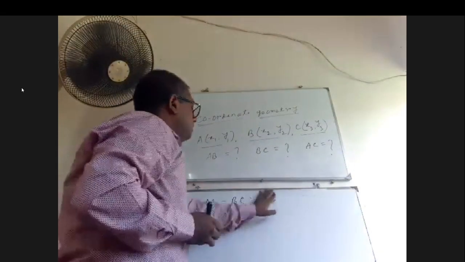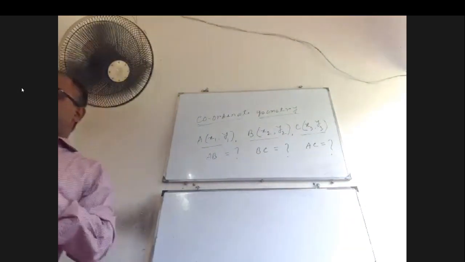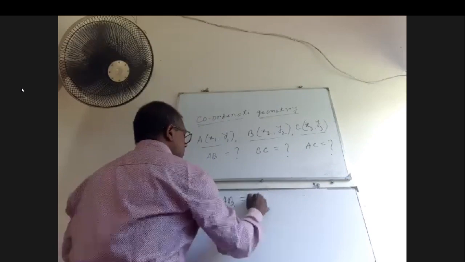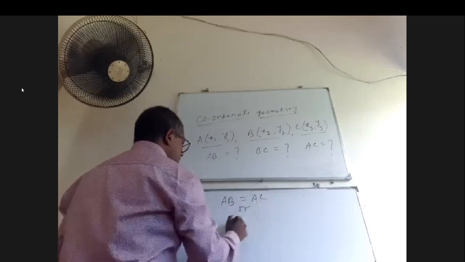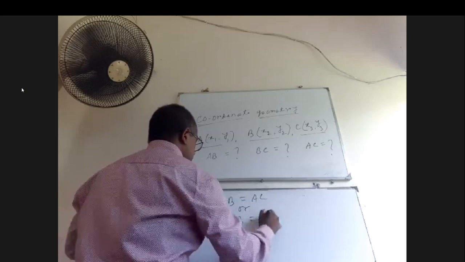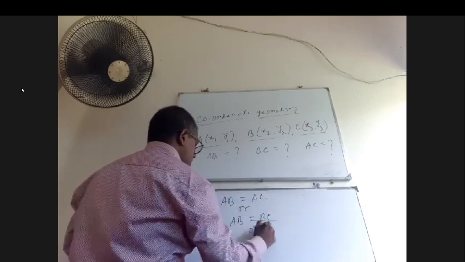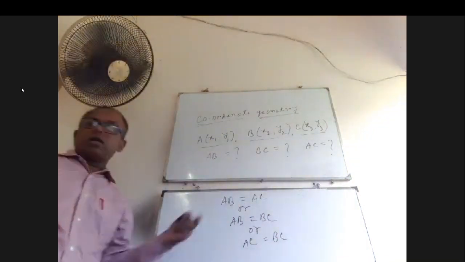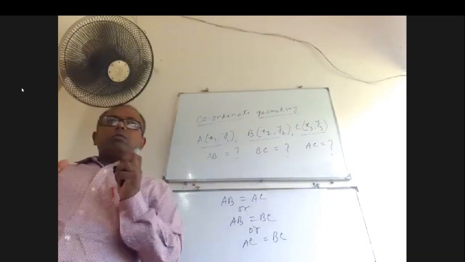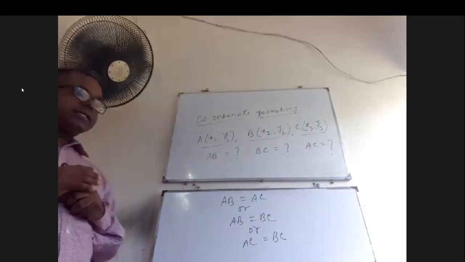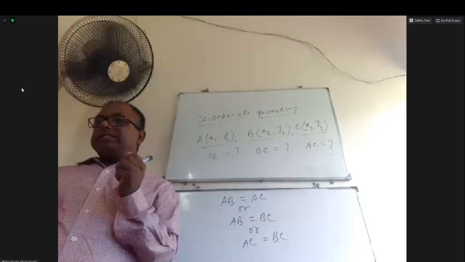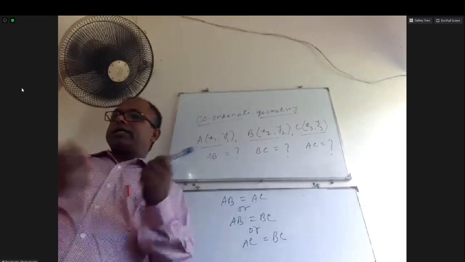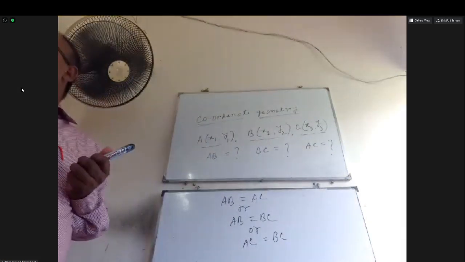But if any 2 sides are equal, that is either AB equal to AC or AB equal to BC or AC equal to BC, if any one of the 3 is true, then we can say the triangle is an isosceles triangle. That is, if any two sides are equal, then the triangle is said to be isosceles.